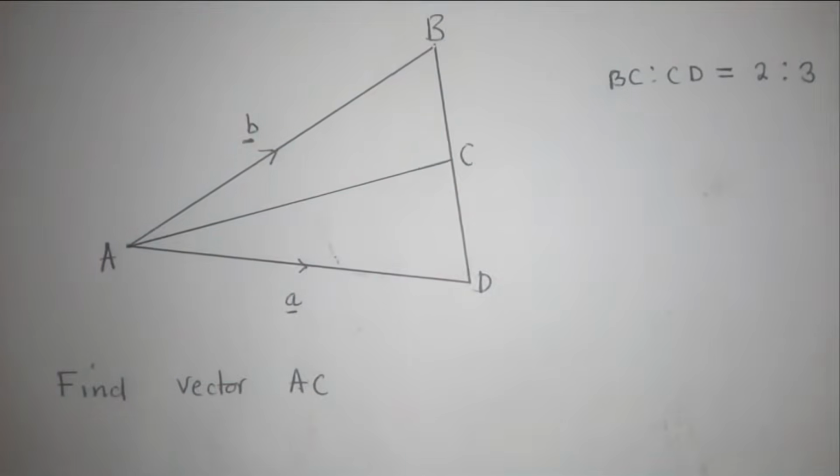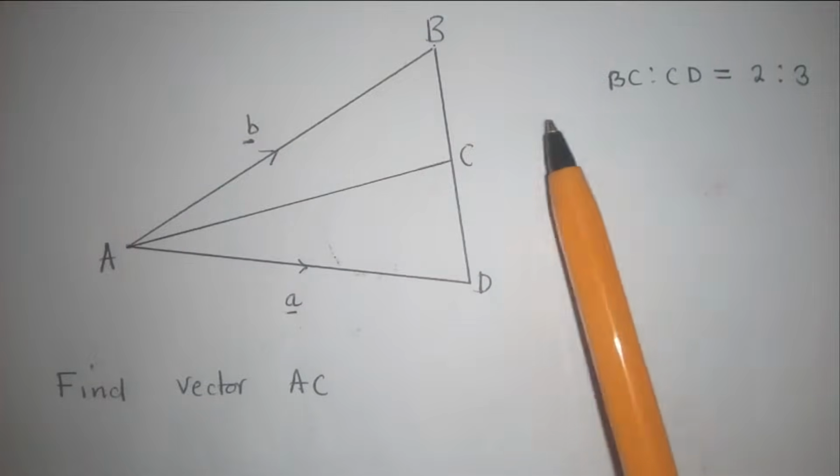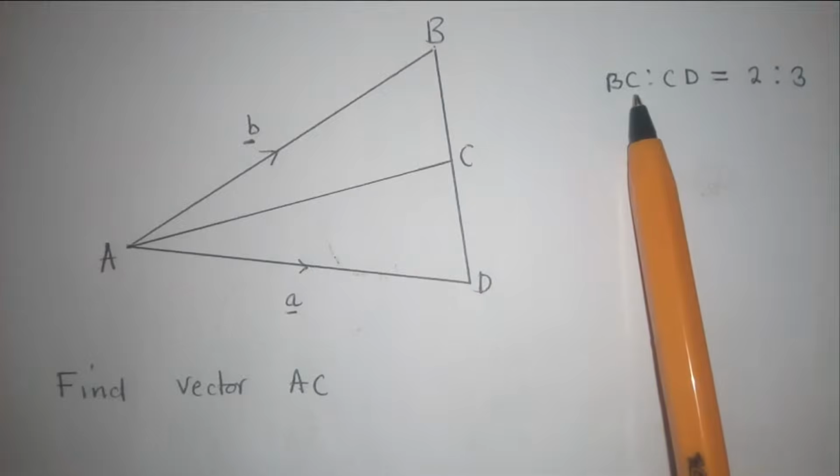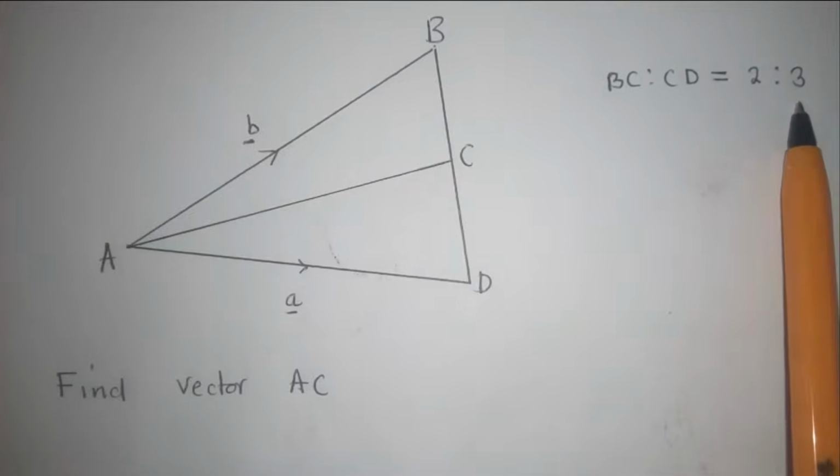Okay, so here I want to show you how to use the idea of ratios. When dealing with vectors, it's very important to understand the ratios. If you can see what is here, this is a ratio. They have said BC to CD is equal to 2 to 3.